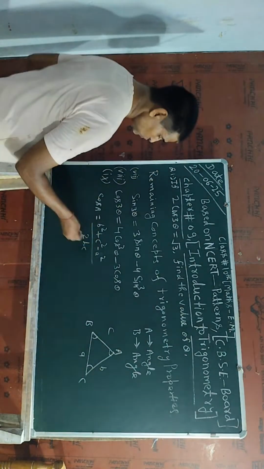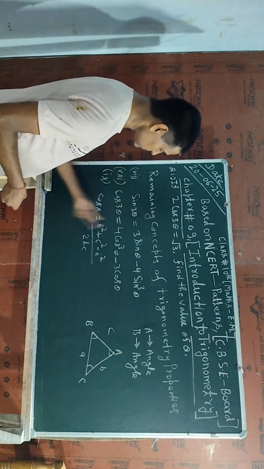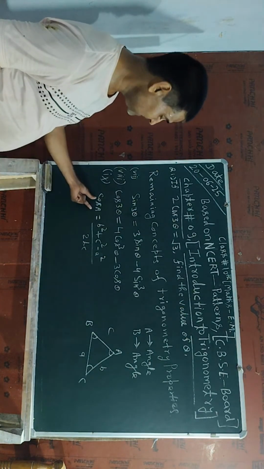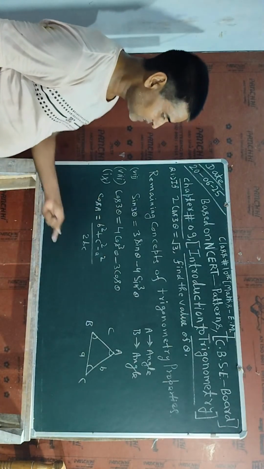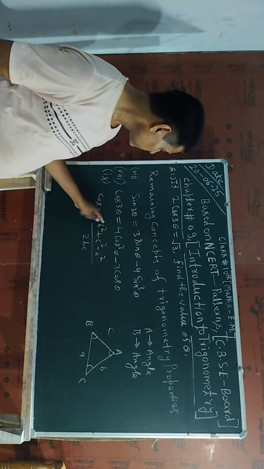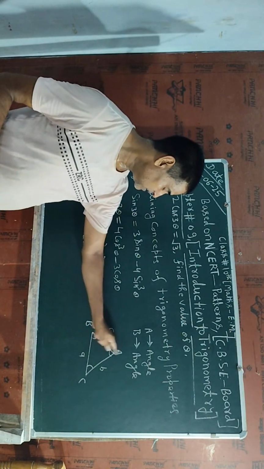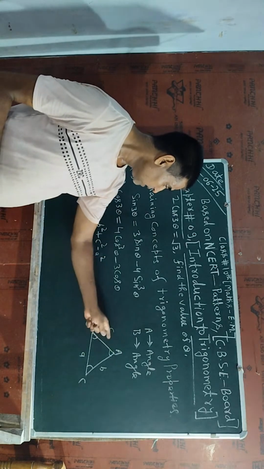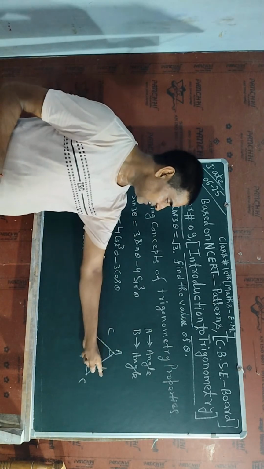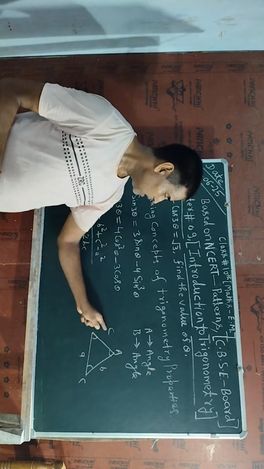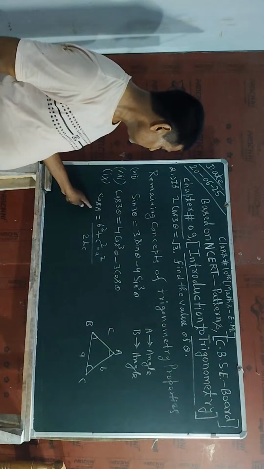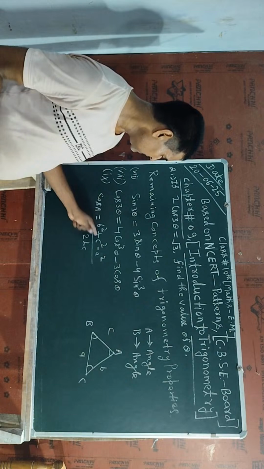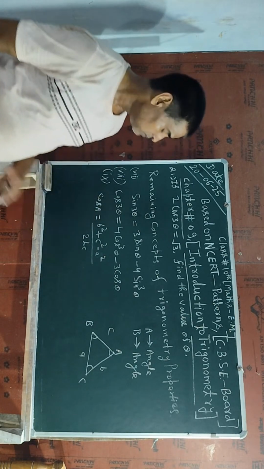I will substitute in this expression, and after simplifying, I will get the angle A. Because in front of A, I will subtract a square, and the sides are a, b, and also c. So cos A is equal to b square plus c square minus a square divided by 2bc. Here b and c are available, so I will divide by 2bc.